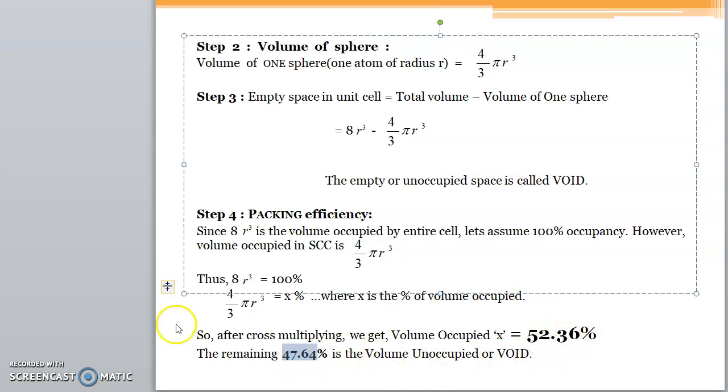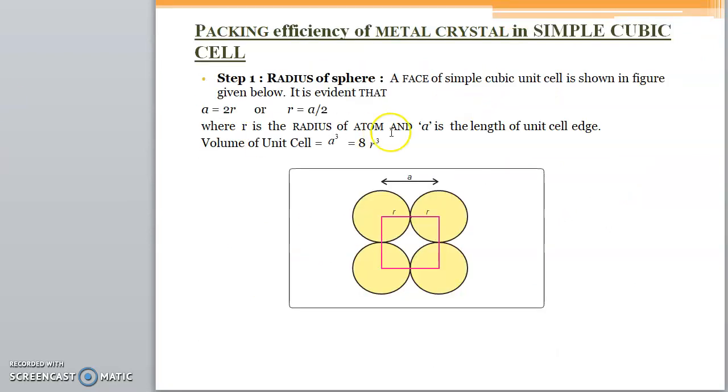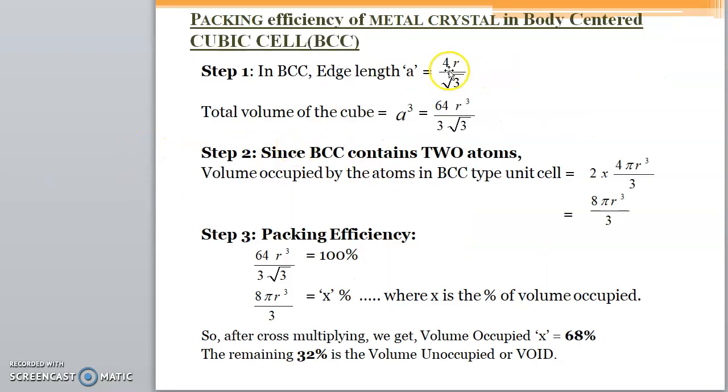So you get 47.64. In the same manner, we'll find out for BCC also, body centered cubic cell. Now in this case, the total volume of the cube is dependent on the value of r. In BCC, the edge length a is equal to 4r upon root 3. Remember, in SCC it was 2r, but in BCC why is it 4r upon root 3?